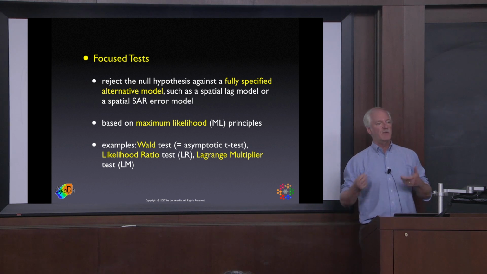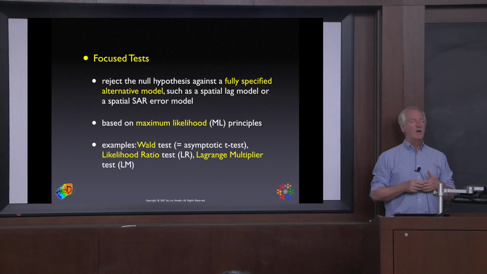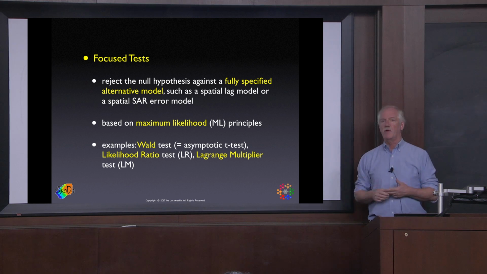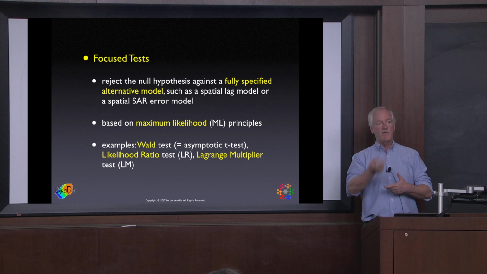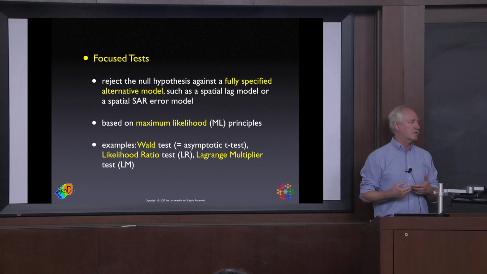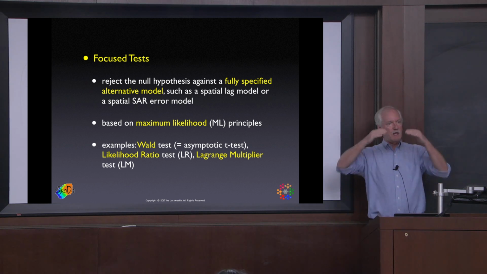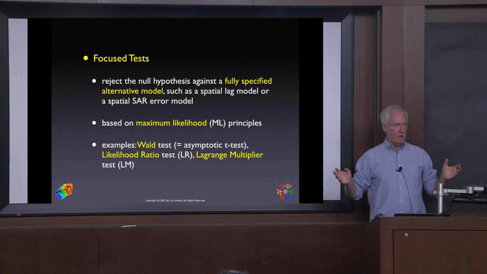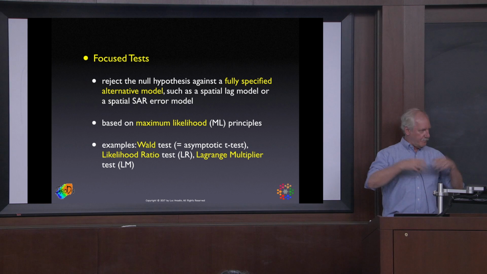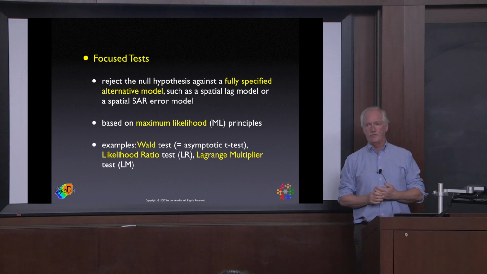If you have to assume normality, for example, and then you build a specification test, then you have to make sure that the normality assumption actually holds before you can do your specification test. So it's kind of one step removed. With Moran's I, you don't have to assume anything.